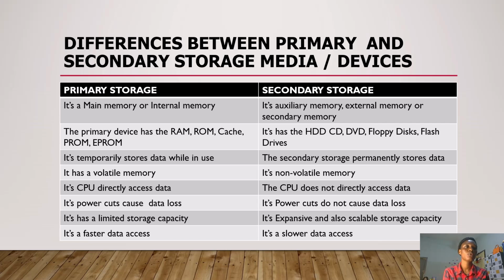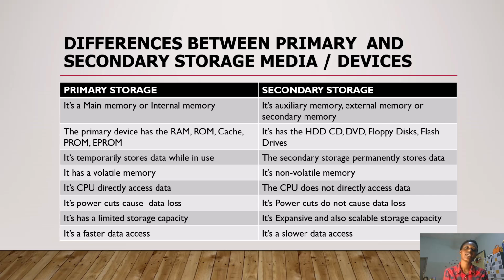So the last but not the least, the primary has a limited storage capacity. Its storage is very limited. And the secondary storage device is expensive and also has scalable storage capacity.